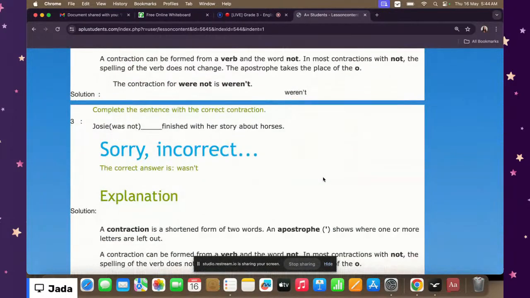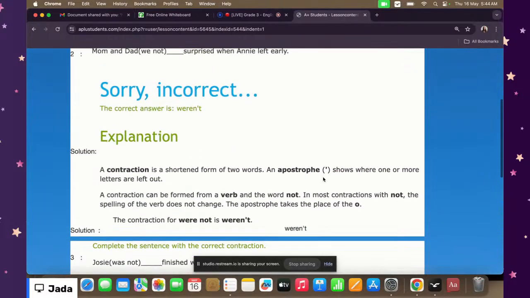Josie was not finished with her story about horses. She was not, so was not, of course, only the O is going away. You still have the verb there and n apostrophe t.